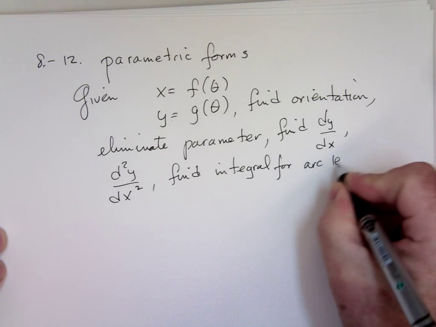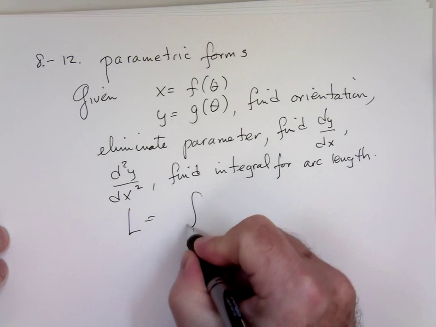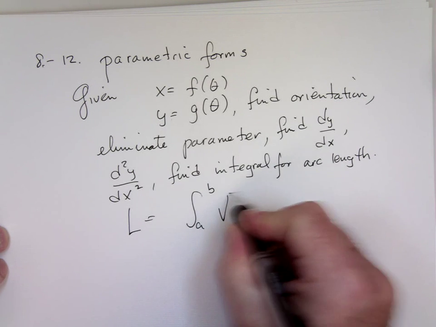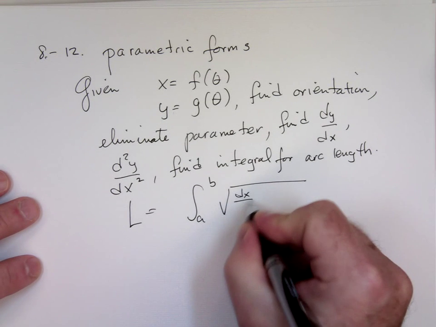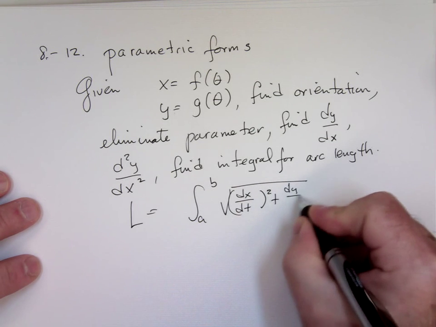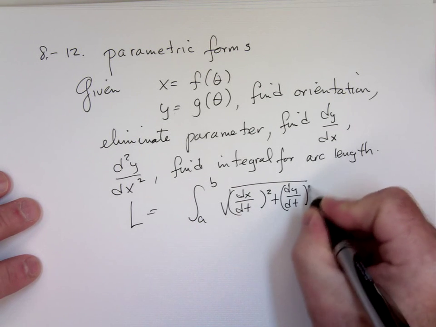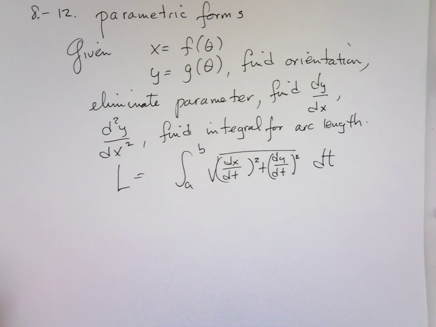I'm not going to ask you to do the integral, but set up the integral for arc length. If it's in terms of t, or in terms of theta, that's clearly a theta there. That's the integral I'm talking about.